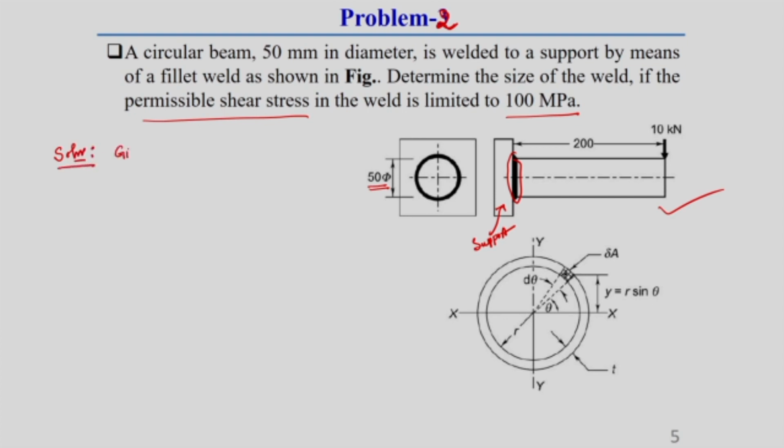Given data: permissible shear stress equal to 100 MPa and the load P is given as 10 kilonewton, but this is a circular shaft. In the previous case we observed a rectangular cross section, but this is a circular shaft.